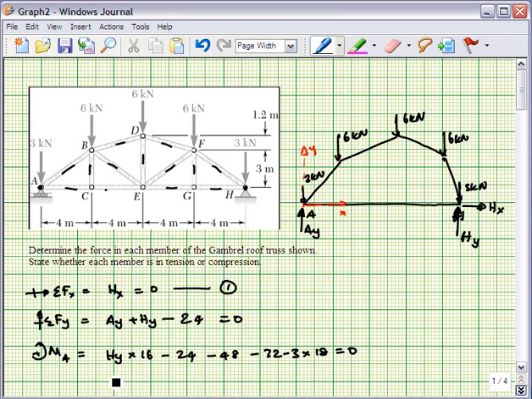And if you solve for HY, this will give me immediately HY equal to 12 kilonewtons, and then AY equals 12 kilonewtons.